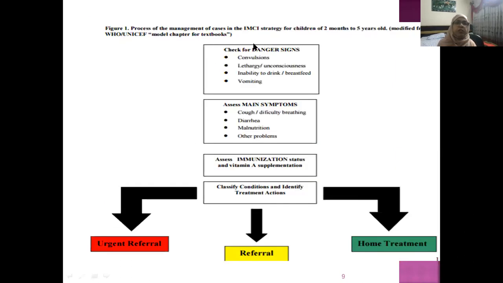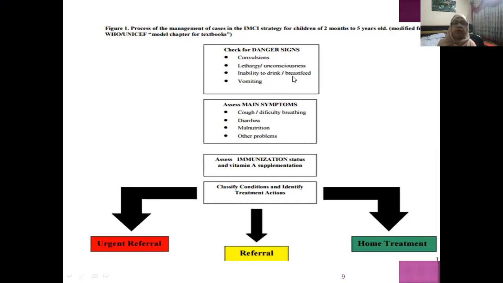The process of management of a case of IMCI strategy for children 2 months up to 5 years. Whatever is the presentation of a child, for each and every child, you have to ask for general danger signs. What are the general danger signs? Convulsion, lethargy or unconsciousness, not able to drink or breastfeed, or vomits everything.